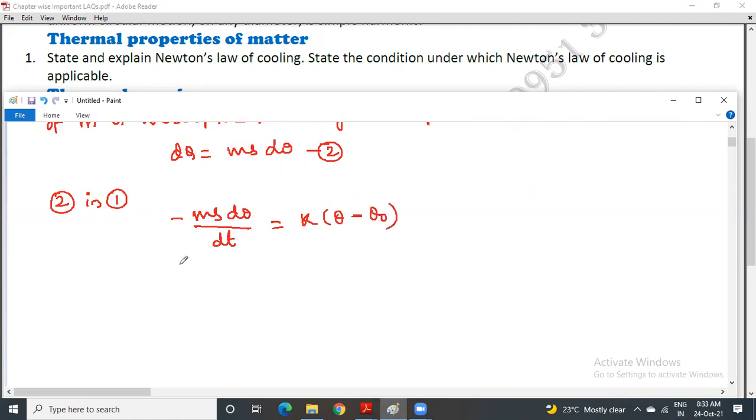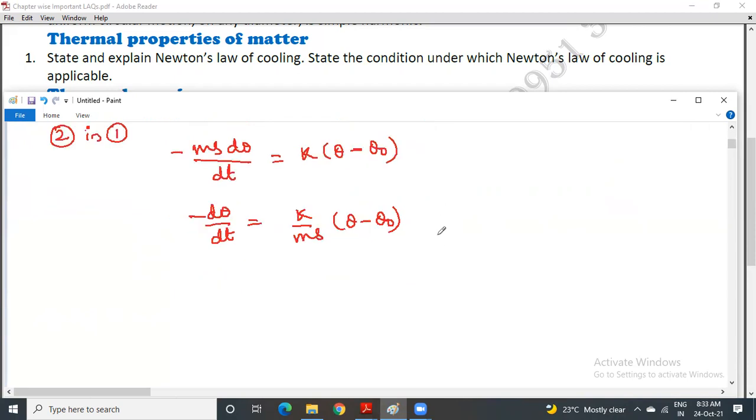So this step can be written as minus d theta by dt is equal to k by ms times theta minus theta naught. So this all you can write as minus d theta by dt is equal to c times theta minus theta naught.